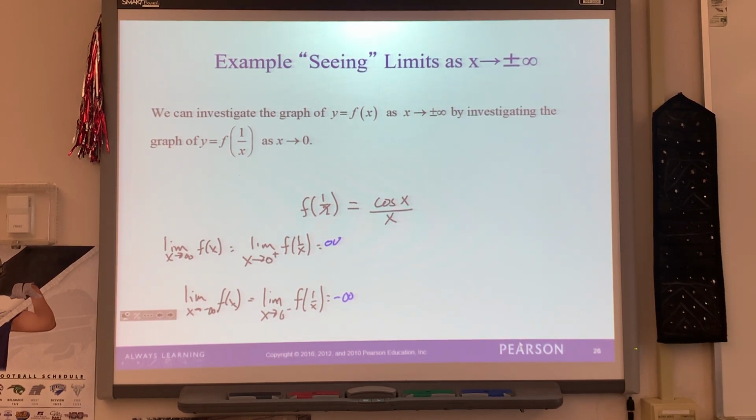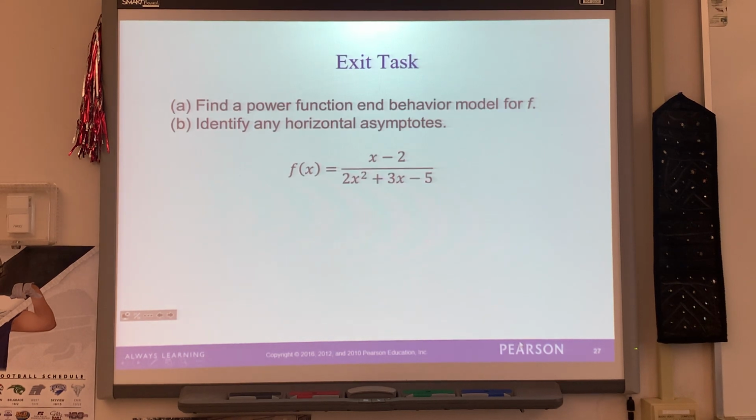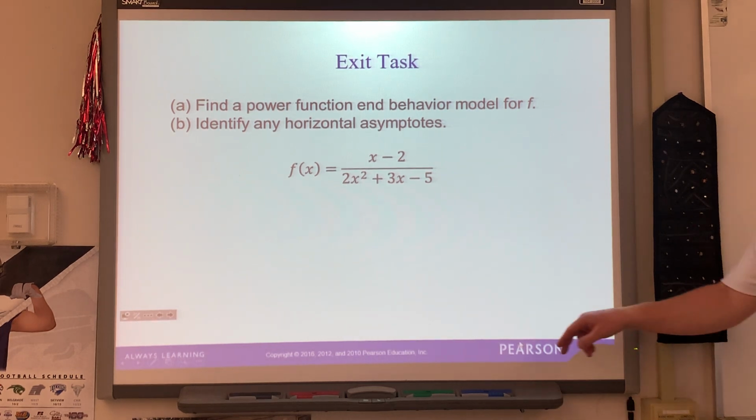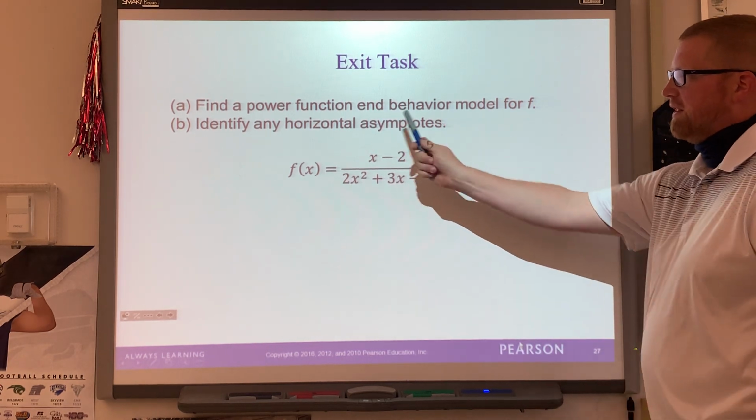Okay, so anyways, I think that's all I wanted to cover in this lesson. If we were to look at this set of exit test questions, which I know I didn't give you a bell ringer in there, find a power function end behavior model for this.